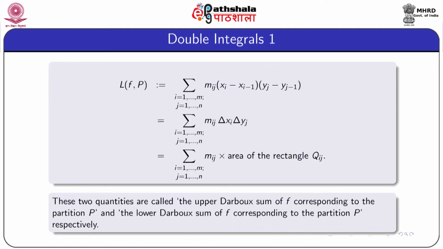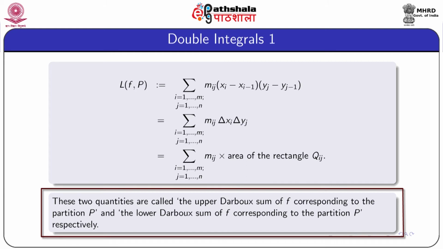In a similar tune, we form the lower sum L(f,P), which equals summation small mij multiplied by the area of the rectangle Qij. These two quantities are called the upper Darboux sum of f corresponding to the partition P and the lower Darboux sum of f corresponding to the partition P respectively.